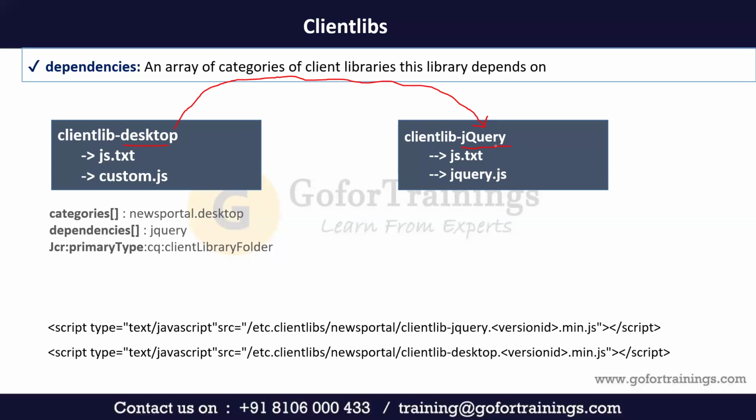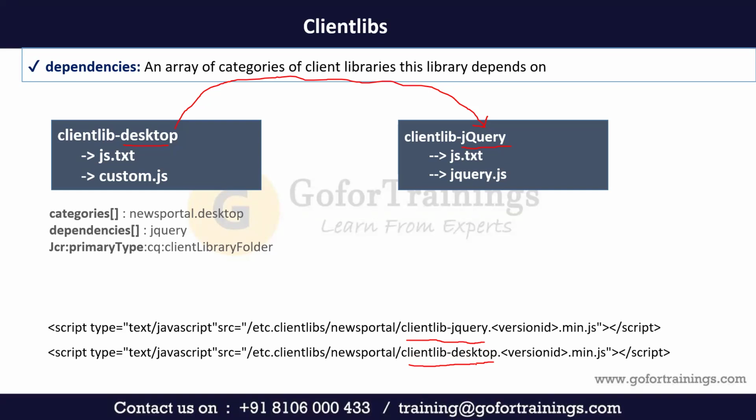So while loading jQuery and desktop in our HTML markup, first we have to load clientlib-jQuery and then followed by clientlib-desktop. Let's say if you load clientlib-desktop first, while executing it, it will try to execute jQuery methods. But at that moment, jQuery methods are not loaded.